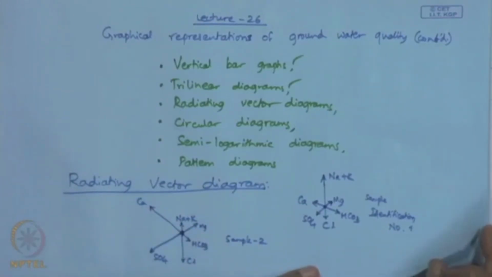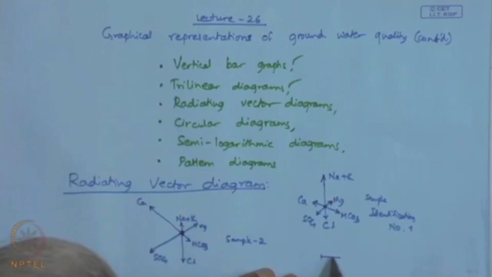So these are the radial vector diagrams. The lengths represent the concentration in milli equivalent per liter.